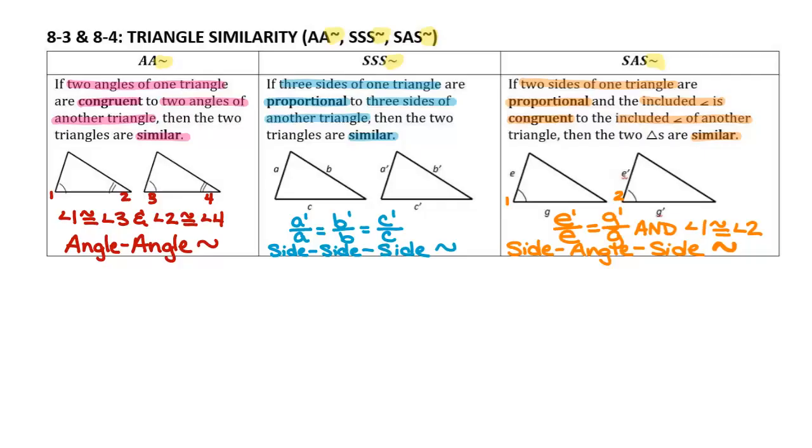So three types of similarity there: angle, angle, side, side, side, and side, angle, side.